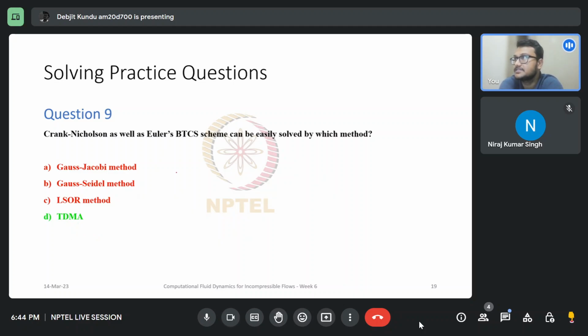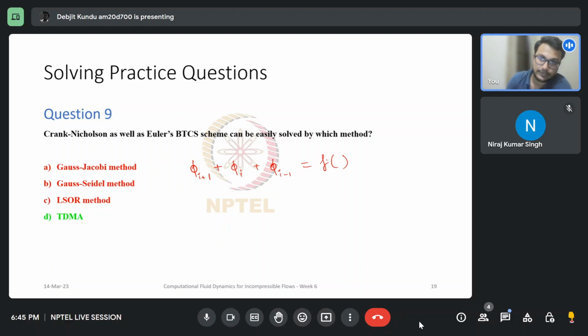So what happens in both Crank-Nicholson method as well as Euler's BTCS scheme, if we go back to the formulation, there we will have the three unknowns in each equation in terms of something else.